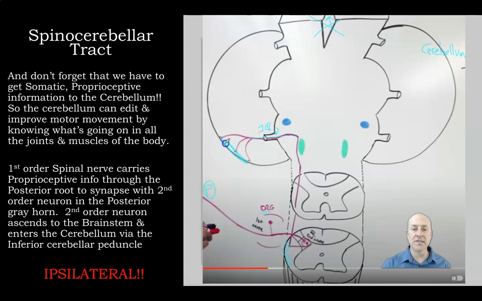And that's telling the cerebellum all about what's going on proprioceptively in every single aspect of the body.